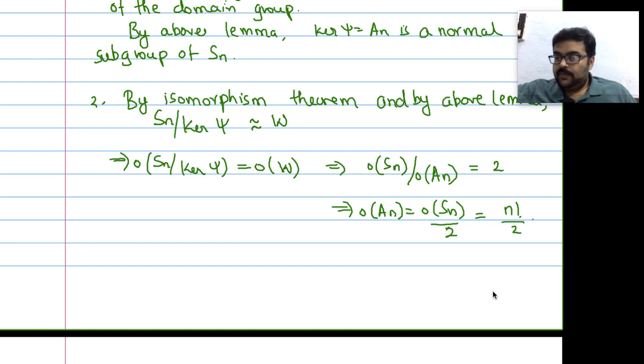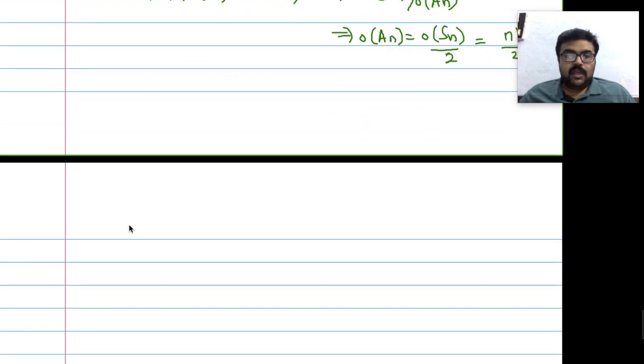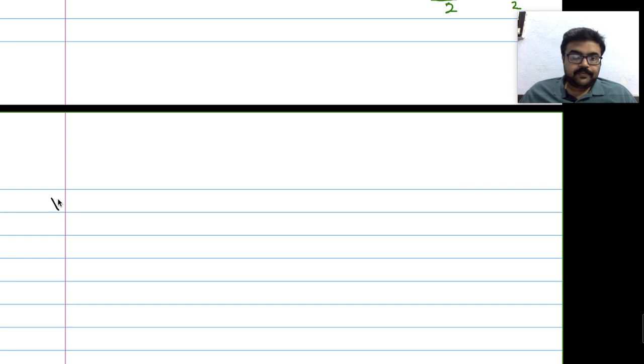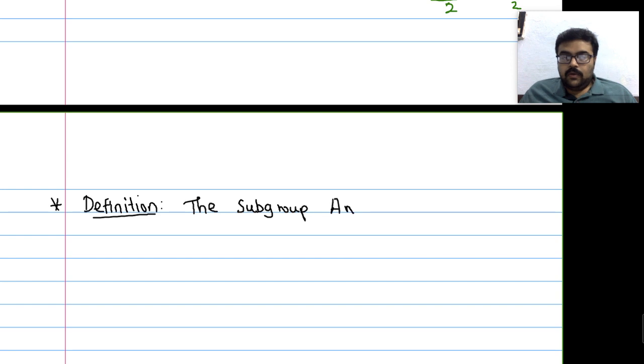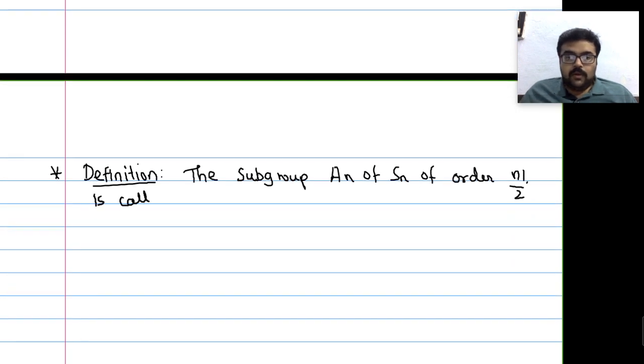Right, so this being done, let me define. What is this An? The An is called the alternating group. So the subgroup An of Sn of order n factorial by 2 is called the alternating group.